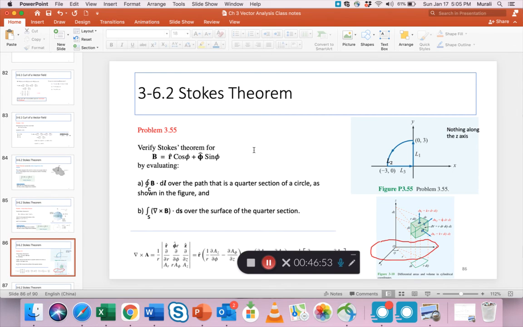So here's Stokes theorem from our textbook, problem 355. Here we are given this path. It's on the x and y axis only, right? Nothing in the z axis. So again, you have to do two integrals, one a line integral and one a surface integral, and prove that they are equal.